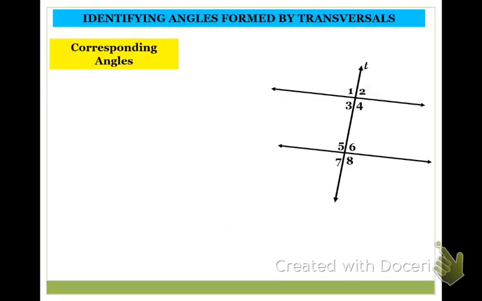First relationship that we will review are corresponding angles. All right, so who can list a pair of corresponding angles? 1 and 5, I agree. All right, what is another set? 2 and 6. Then we'll have 3 and 7.